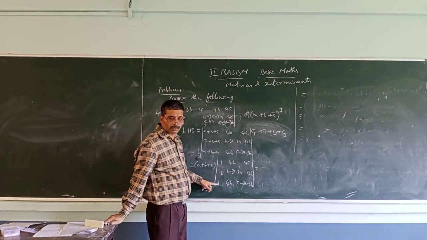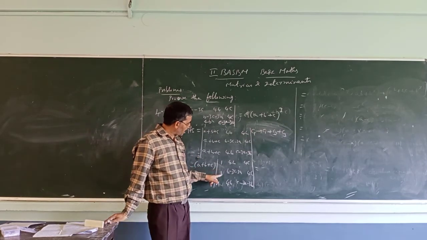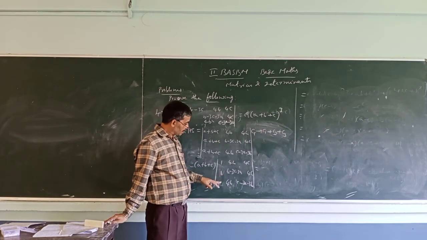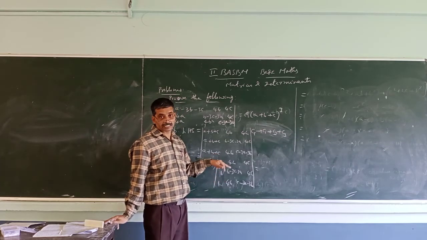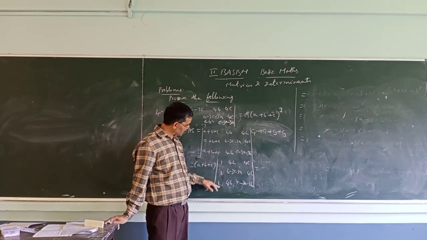One important point, students: once you have made R2 minus R1 zero, so this is not 1 anymore. Don't apply R3 minus R2. It is wrong. Earlier it is 1, but it has changed. So you apply R2 minus R1, R3 minus R1.